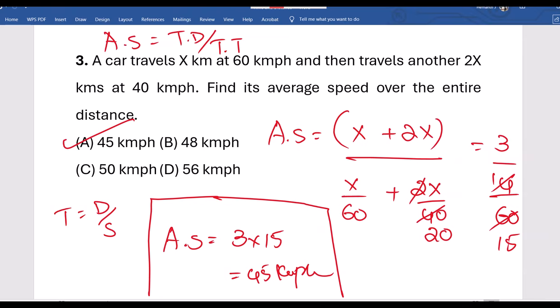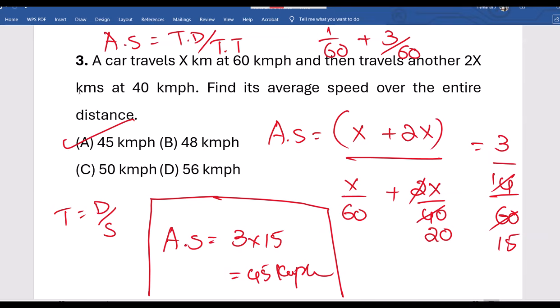What is that 4 by 60? 1 by 60 and 1 by 20. This 1 by 20 can be written as 3 by 60. 3 by 60 is nothing but 1 by 20 only. Add, it becomes 4 by 60. Right? So that's the denominator. Clear with this question? Average speed.